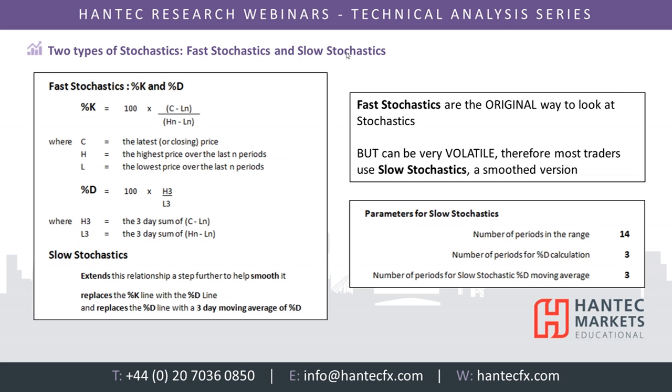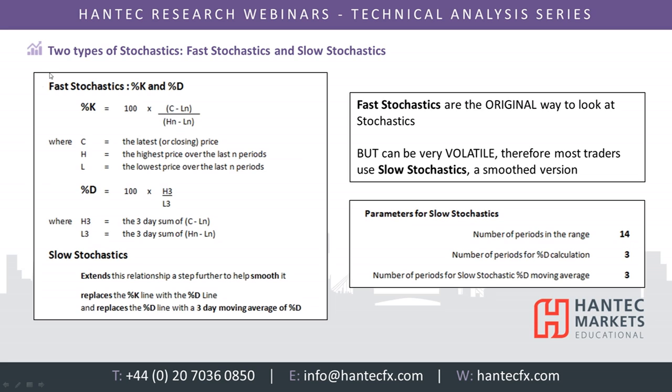I will then emphasize that most trading systems, such as MT4, which I know a lot of you use, will give you slow stochastics, and that's basically because fast stochastics are subsequently smoothed to produce slow stochastics. So you've got your percentage K line, which is the calculation at the top.